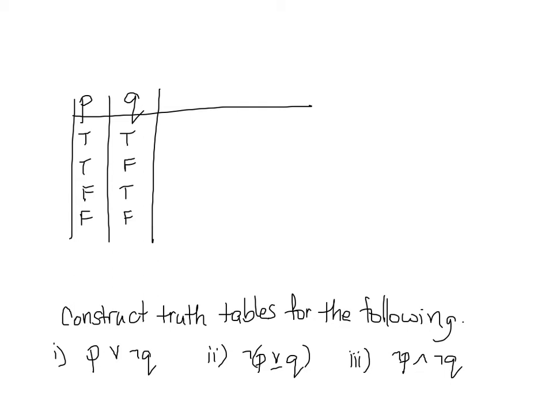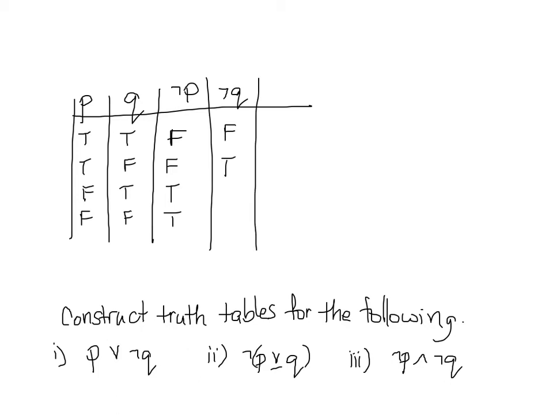So let's just first get columns for not P and not Q. Again, not P is the opposite of P, so it's false, false, true, true. And not Q is the opposite of Q, so it would be false, true, false, true.